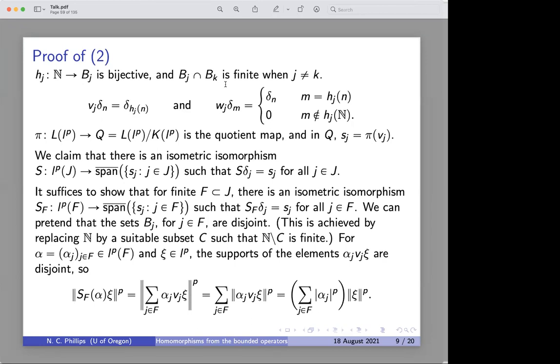But then the norm of Vj Xi is the norm of Xi. So I end up with the sum of the coefficients to the pth power times norm Xi to the pth power. I simply take 1 over p roots. And in fact, what you end up with is that S sub f of alpha is actually a scalar multiple of an isometry. And this implies the claim.